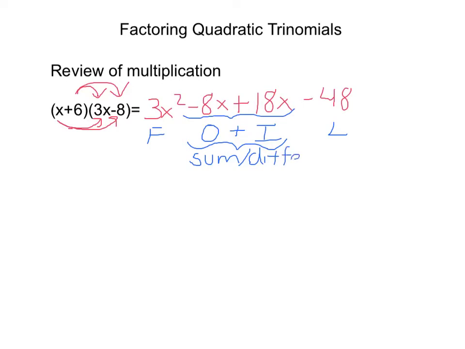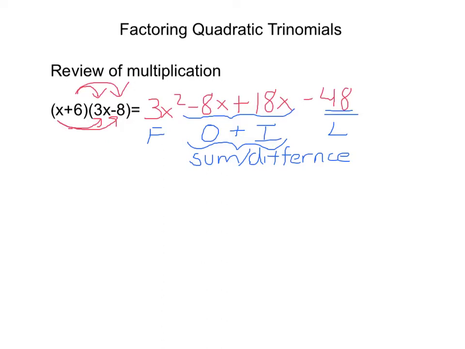Okay, so a difference. So that's why when we do our factoring, we always want to consider the factors of the last term that add or subtract to become our middle term.